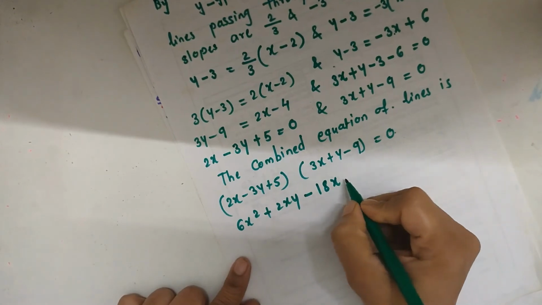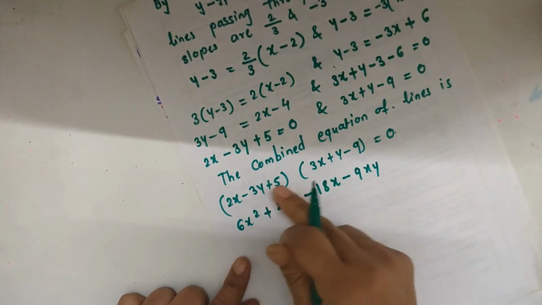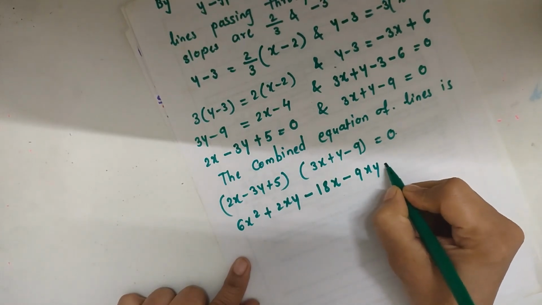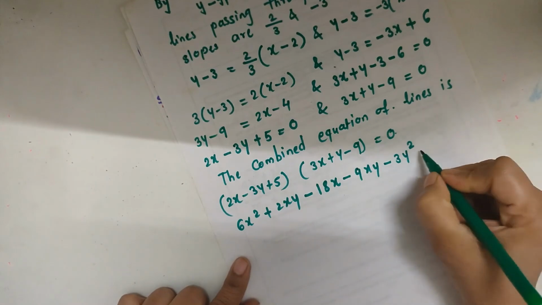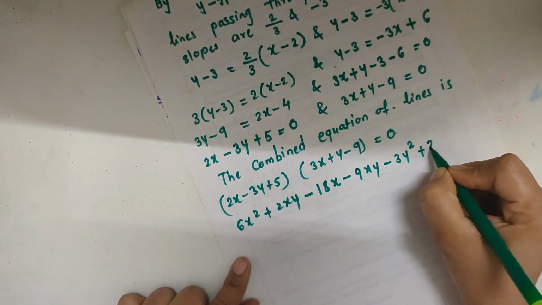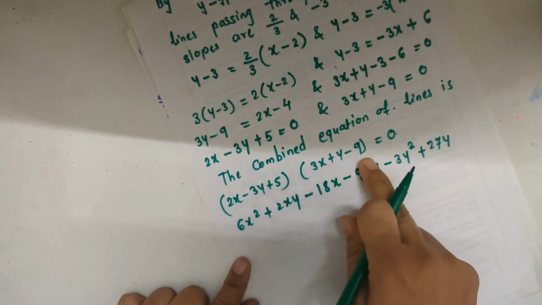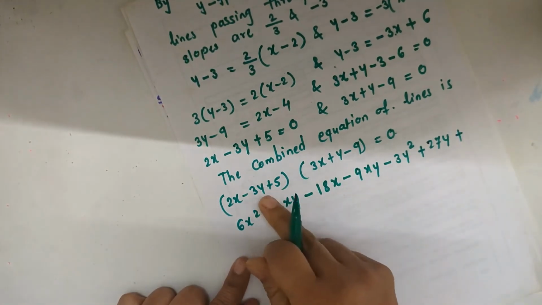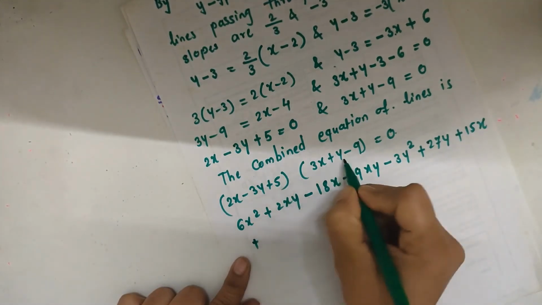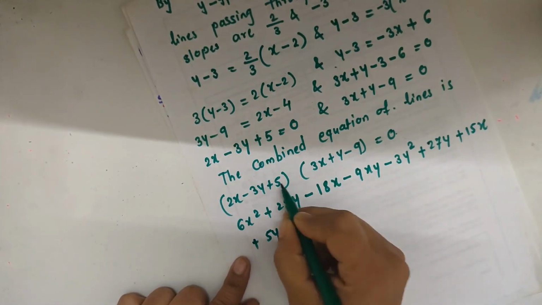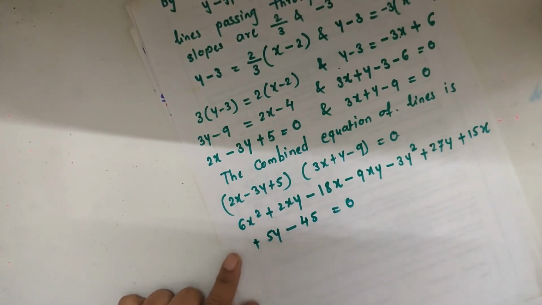Now minus 3y into the second bracket: minus 9xy, minus 3y square, 3y into minus 9 is plus 27y. Now the third term, 5 into the second bracket: 5 into 3x is 15x, plus 5 into y is 5y, 5 into minus 9 is minus 45, equal to 0.